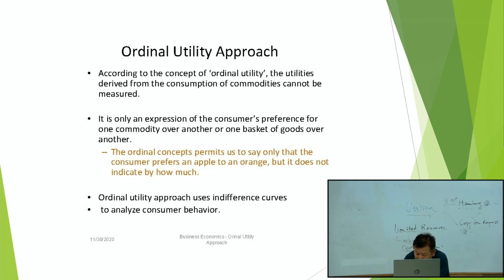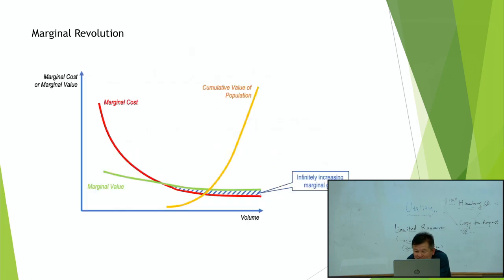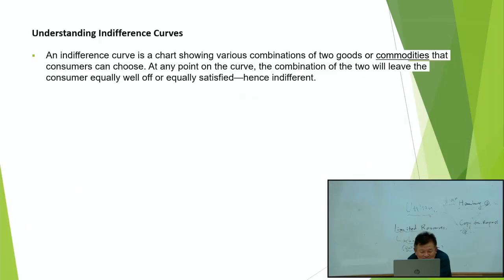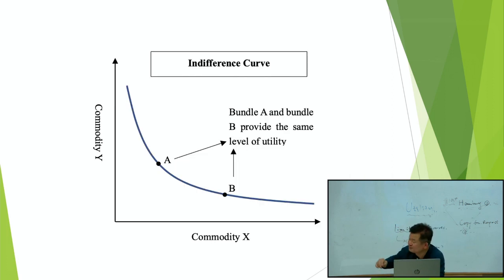Also, the ordinal utility approach uses indifference curves. Did you hear that? Okay, let me show you the indifference curve. An indifference curve is a graphical representation of the various combinations of two goods with which a consumer is equally satisfied. Equally satisfied points are connected, and then we can show this.